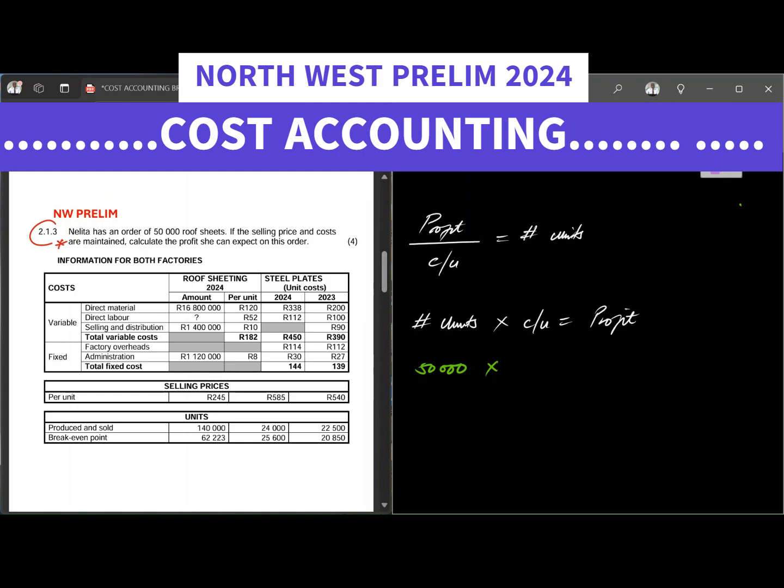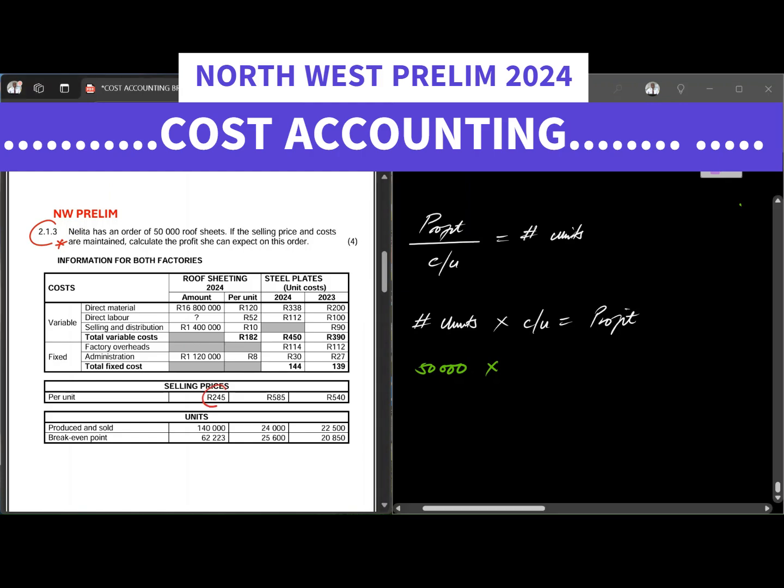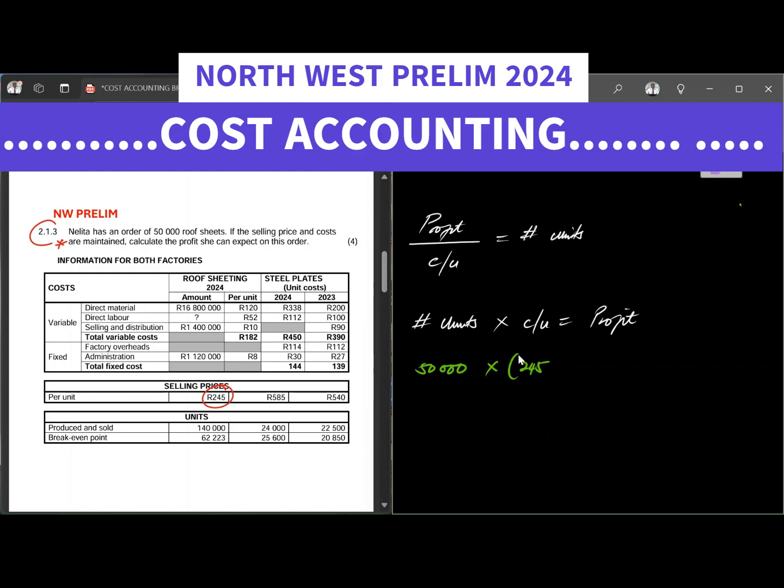And to get the contribution per unit, we have to say selling price per unit, that is 245. That is my selling price per unit. So I'll multiply this by 245 selling price per unit minus the variable cost per unit.